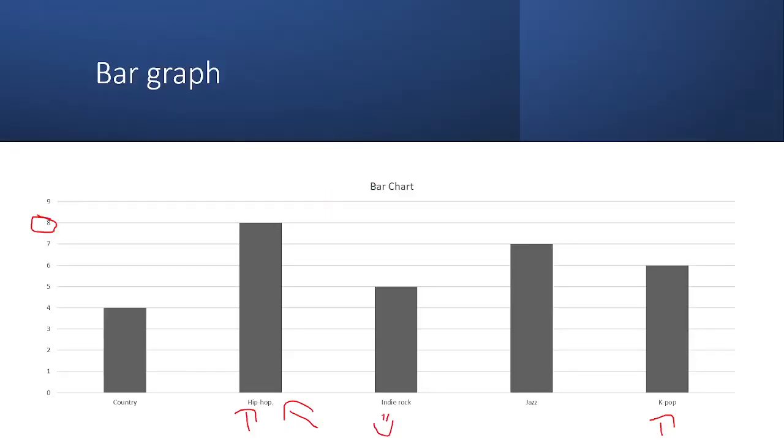Then you're going to say something like, under the investigation, we provided statistical evidence that out of these 30 samples we gathered, the most preferable music category was, in this case, hip hop.